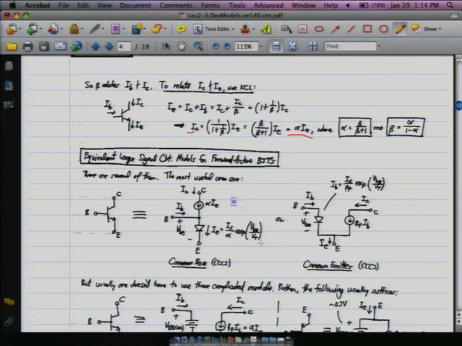So that's fairly straightforward. This is the common base model, which means everything is referenced to the base. More often we'll actually use the model over here, the common emitter, where everything's referenced to the emitter.